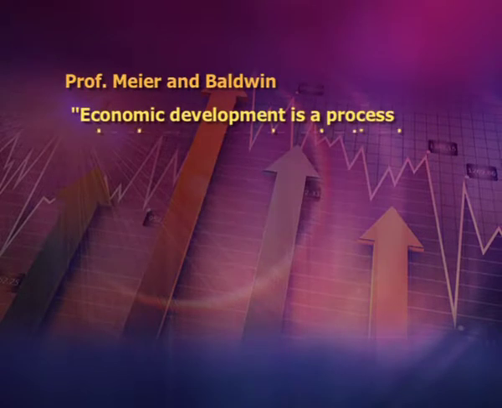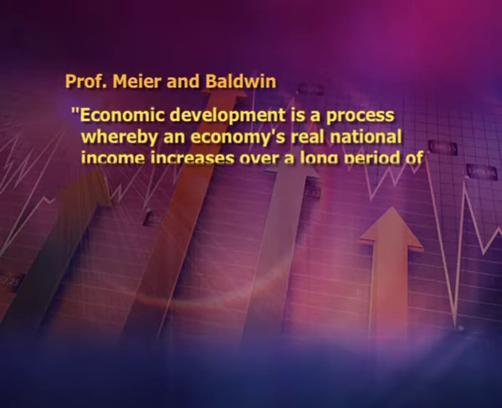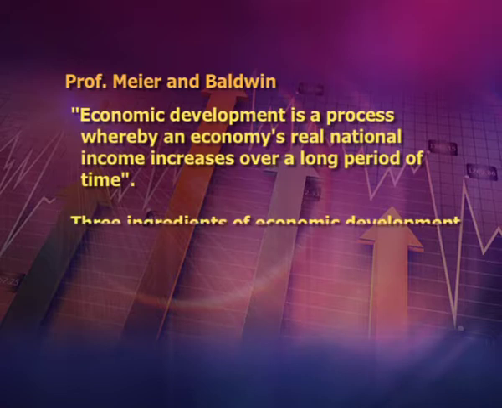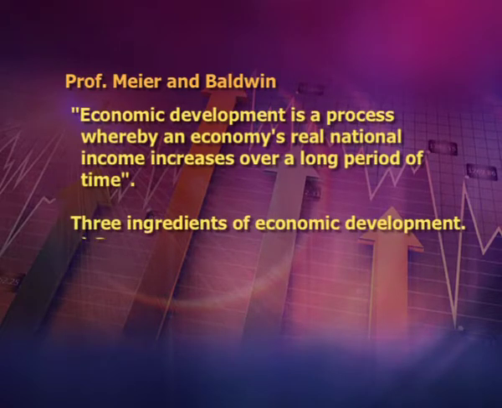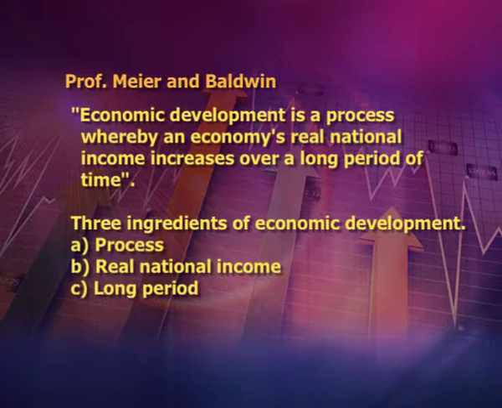Professors Meier and Baldwin defined economic development as a process whereby an economy's real national income increases over a long period of time. This definition explains three ingredients of economic development: A. Process, B. Real national income, C. Long period.